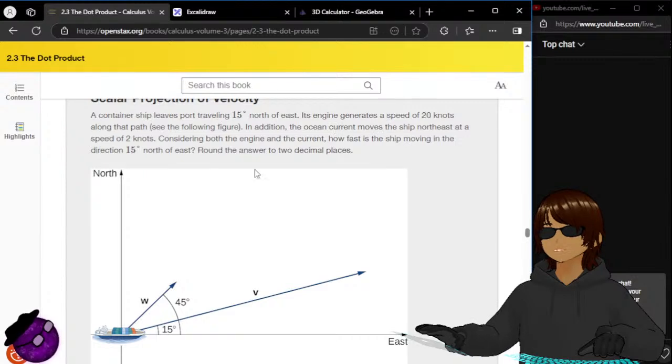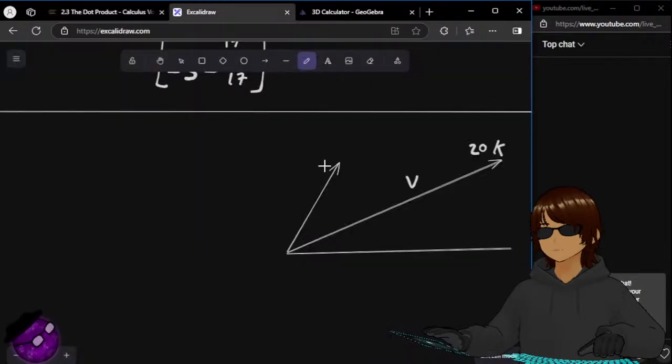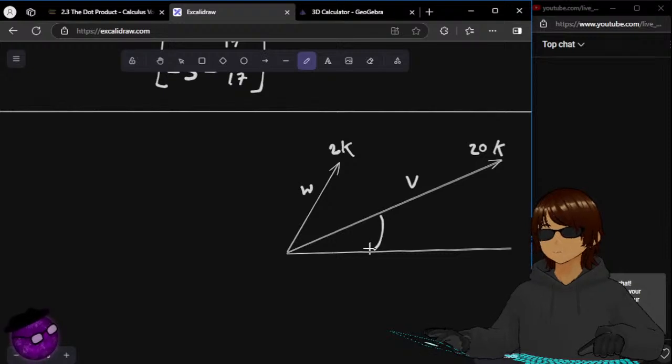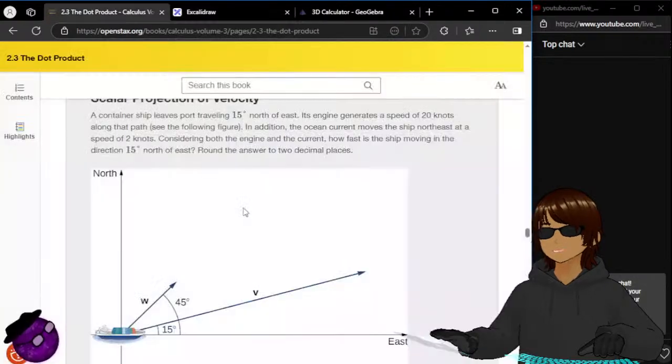The ocean current moves the ship northeast, or this is northeast, at a speed of 2 knots. So 2 knots, and this is W. And then this is 15, and this is 45. It doesn't look like 45, but let's just pretend it's 45.